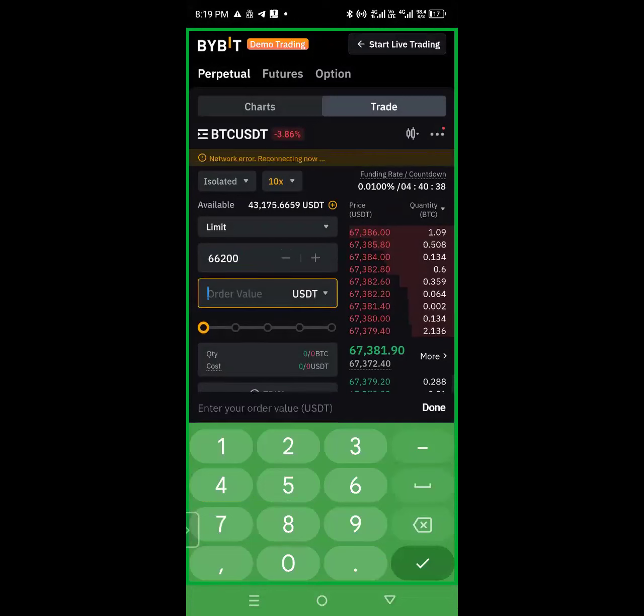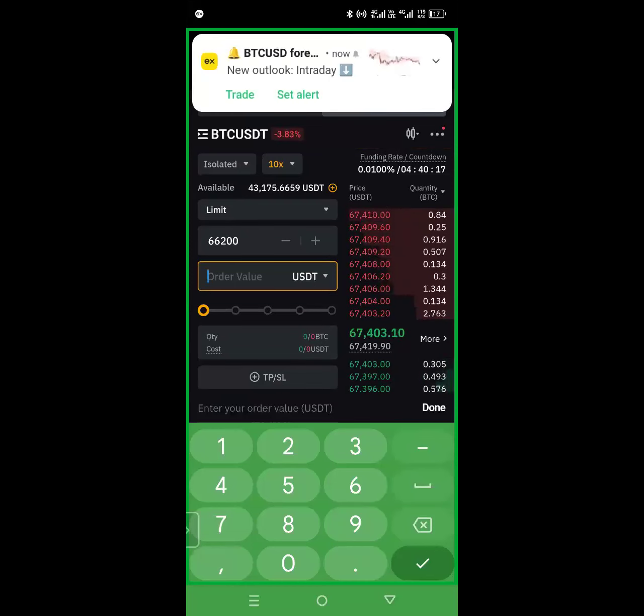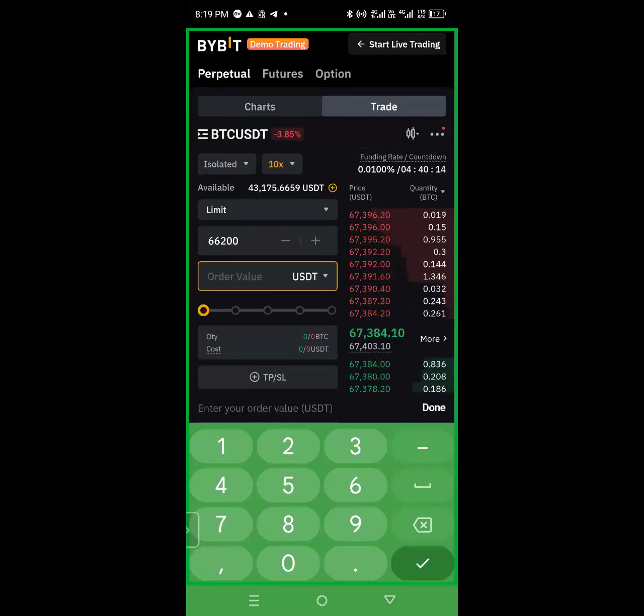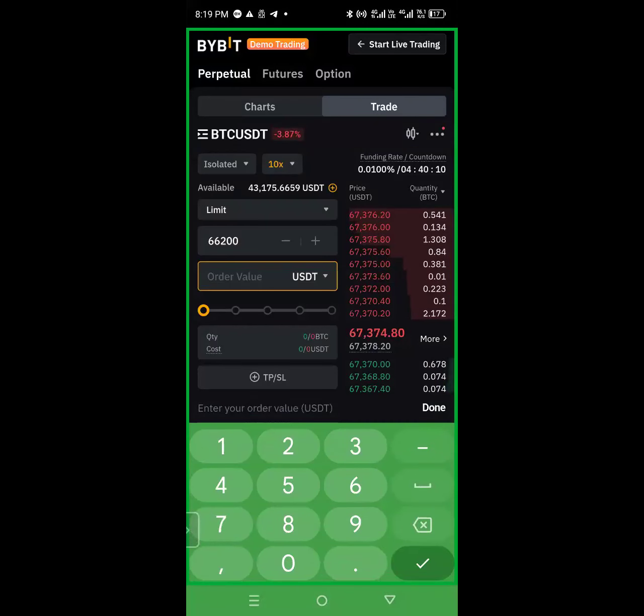Now it's asking for order value. So I said that this order value part is where you enter the size of the trade.